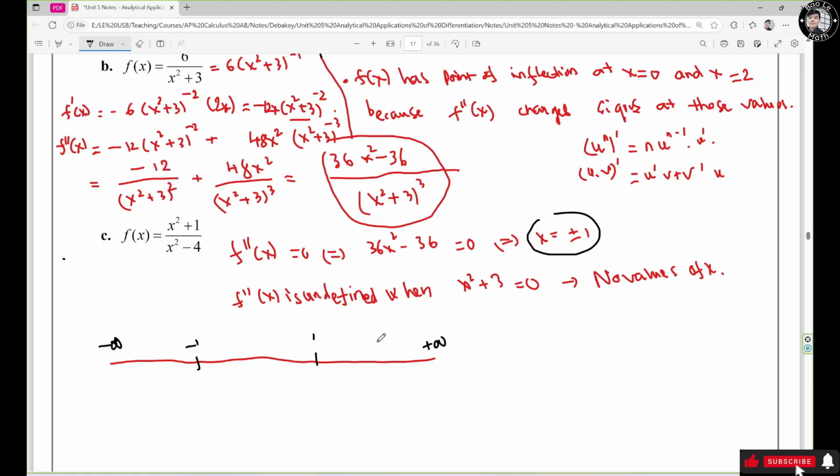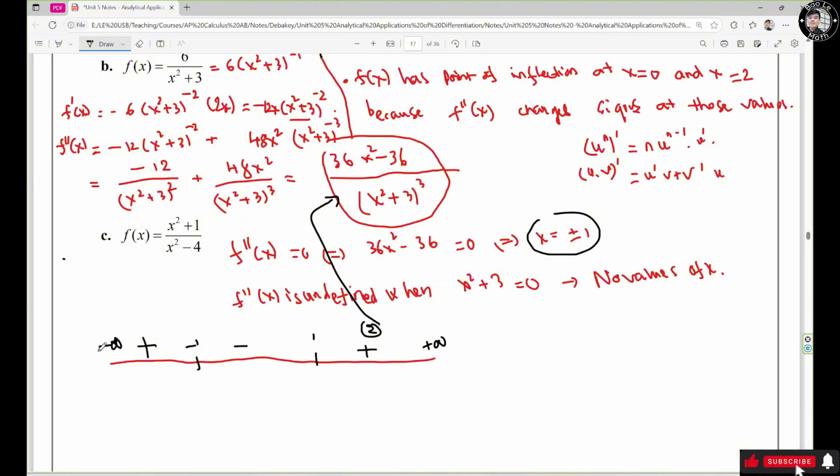So I'm gonna pick a number 2 right here. I substitute this guy into f double prime of s, right? Which is right here. Then I'm gonna have a positive sign, right? This guy positive, this guy should be negative, right? And this guy should be positive, right?